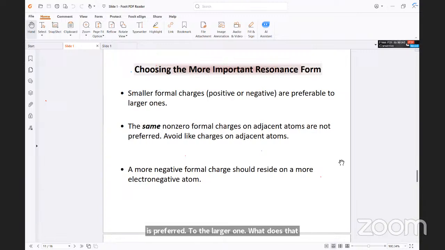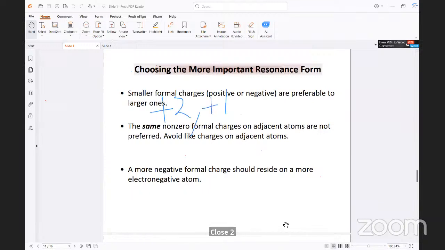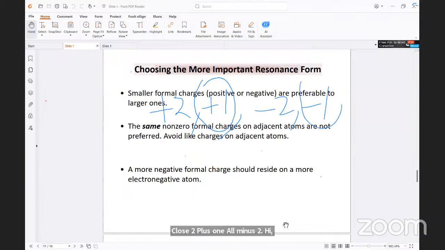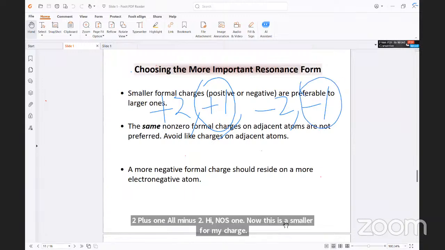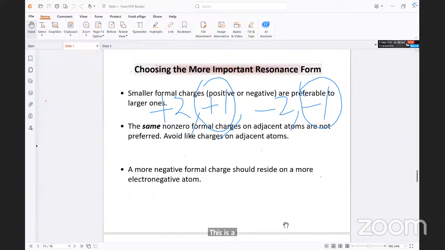What does that mean? If you have a molecule and the formal charges are +2, +1, or -2, -1, now, this is a smaller formal charge because +1 is smaller than +2, then -1 is smaller than -2.